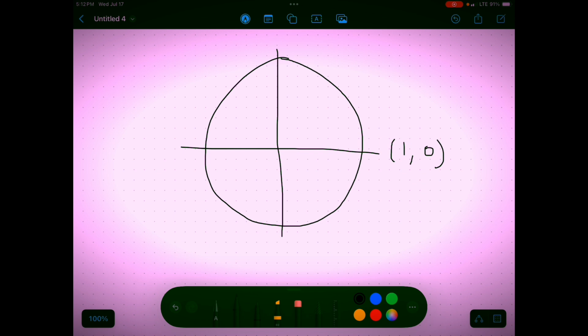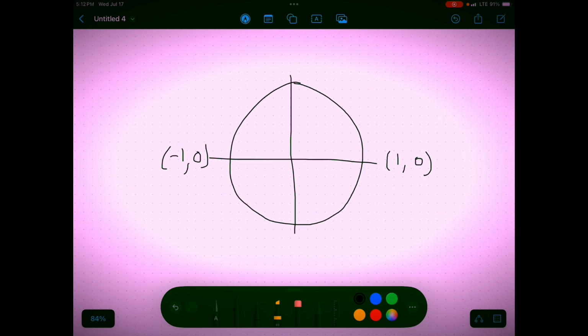Likewise, if I go to pi, it's going to be negative 1, 0. Let's make that look more like a comma. For my pi over 2 and my 3 pi over 2, I'm going to have 0, 1, and 0, negative 1. Those are my 4 quadrant angles.